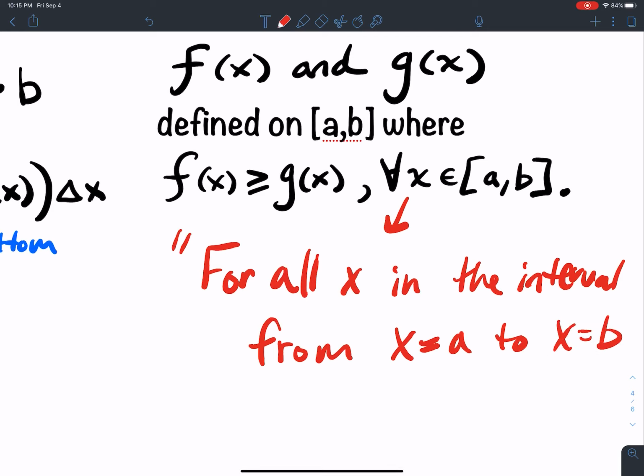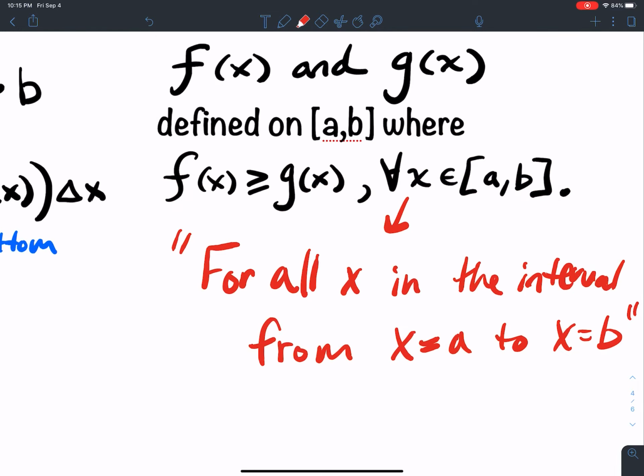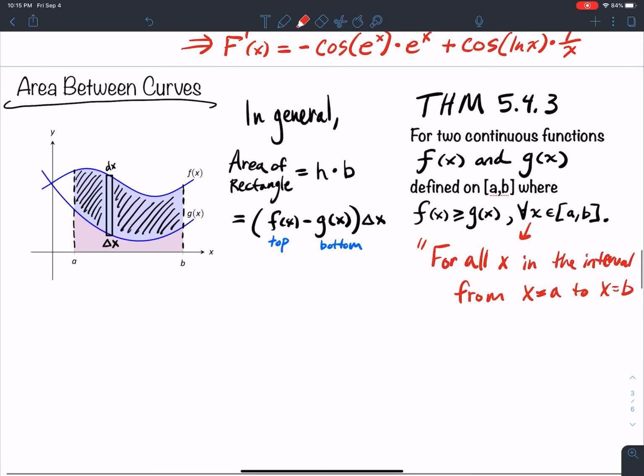So what this says is for every x in the interval from a to b, we have f of x greater than or equal to g of x. It's just a fancy way to say that your f function is always going to be bigger than your g function on a to b. Okay? So don't get too discouraged by that.